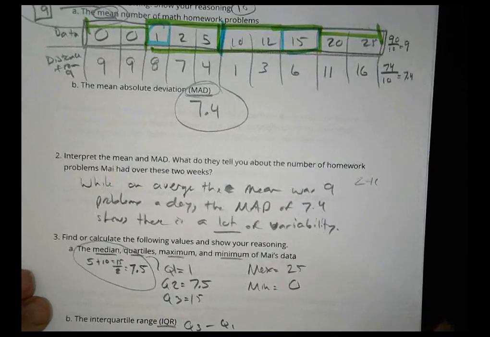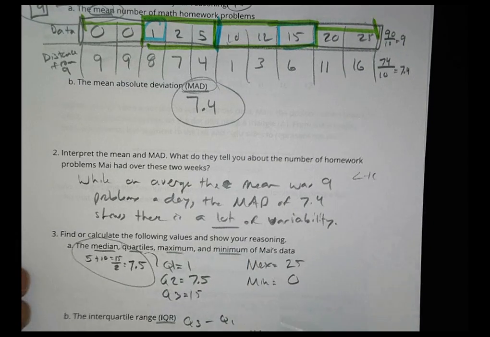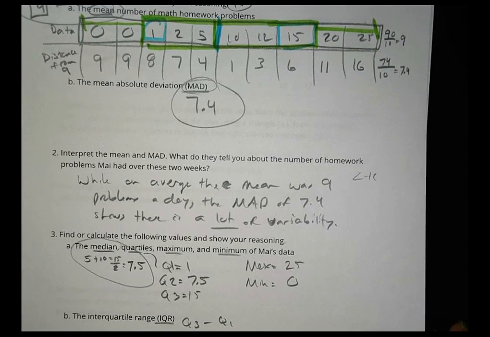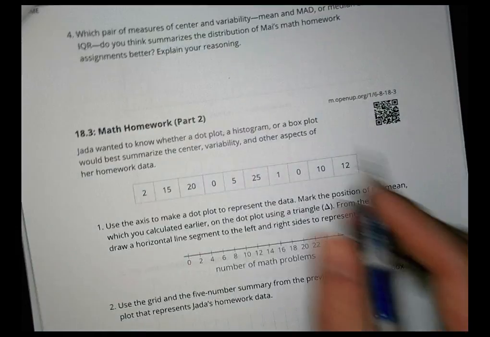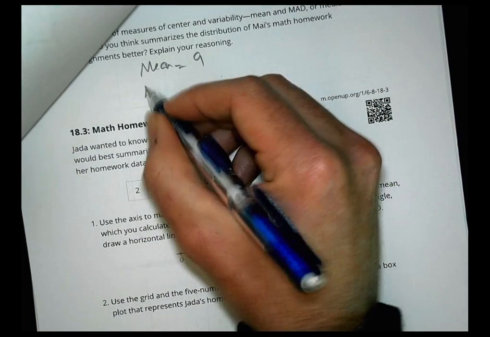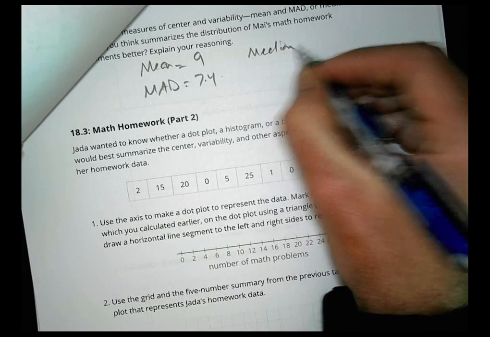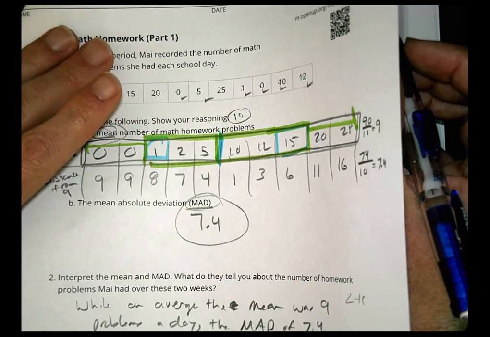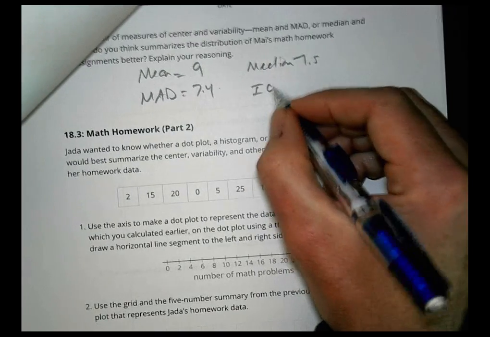Okay, so now we have the measure of variability based upon the median with this data set there. So we have variability based upon the mean. The mean, it said, was 9, and the mean absolute deviation was 7.4. The median, we said, was 7.5, and the interquartile range was 14.